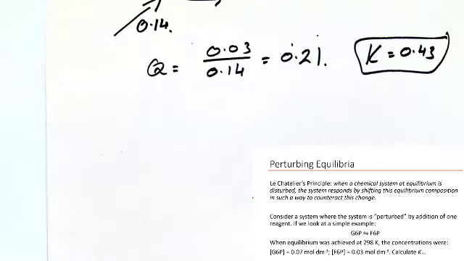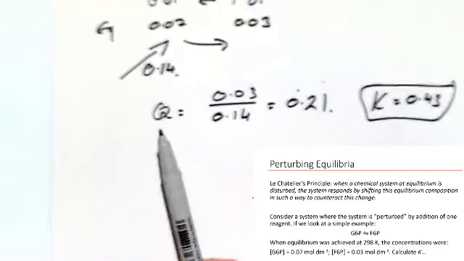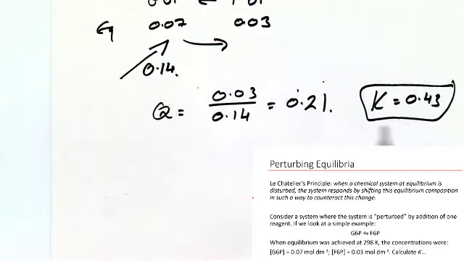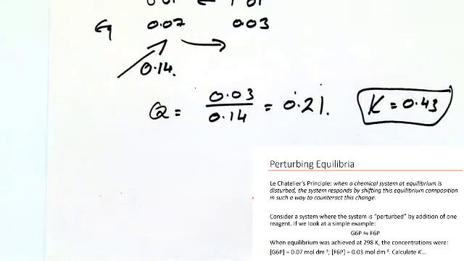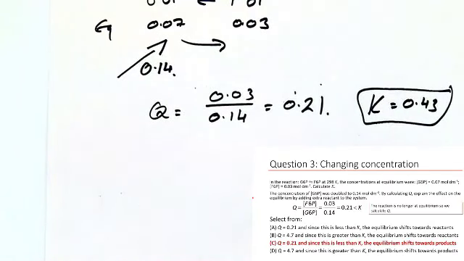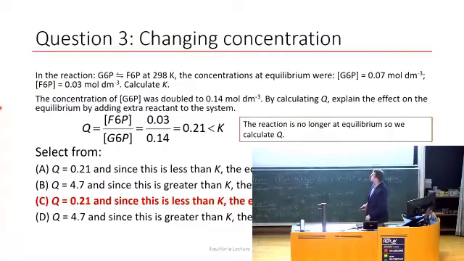Okay, so it's easy to work out conceptually, but we can also use this idea of Q to work it out in terms of numbers. So we can say that Q is equal to 0.21, and since this is less than K, the equilibrium will shift towards products. But what's happening here is the equilibrium is changing to offset the change that we imposed on it, according to Le Chatelier.